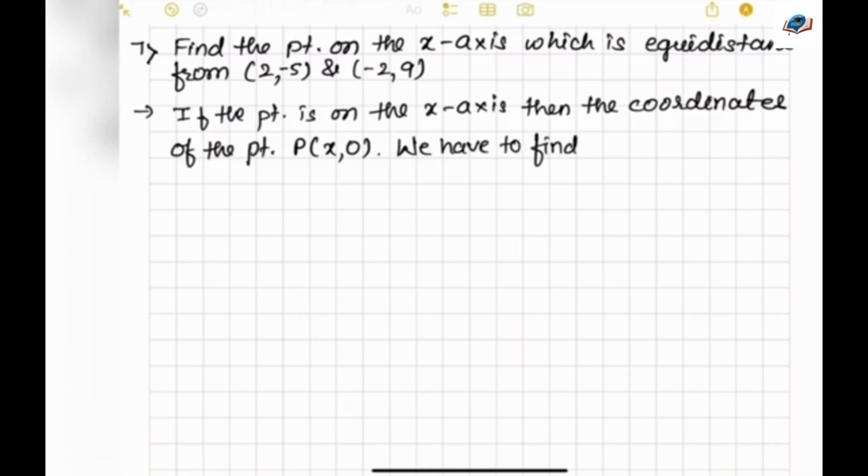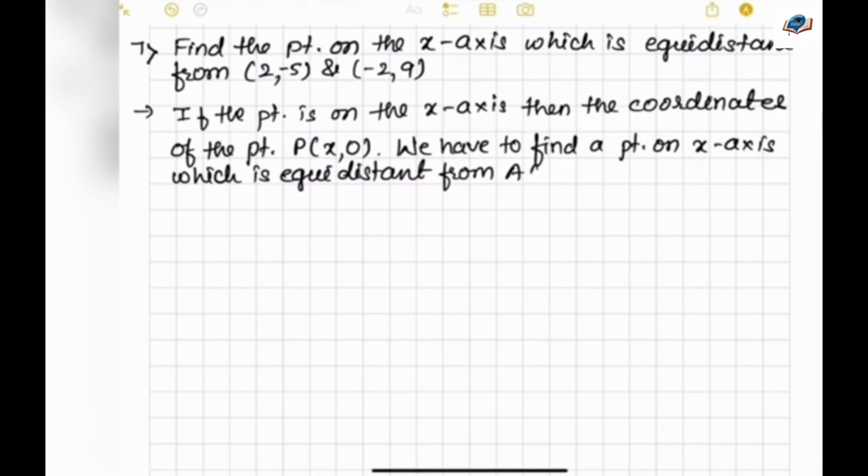So we have to find a point on x-axis which is equidistant from A (2, minus 5) and B (minus 2, 9).